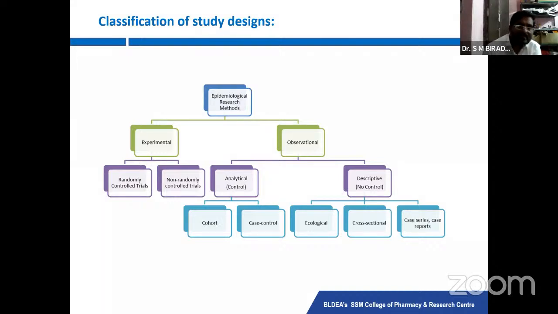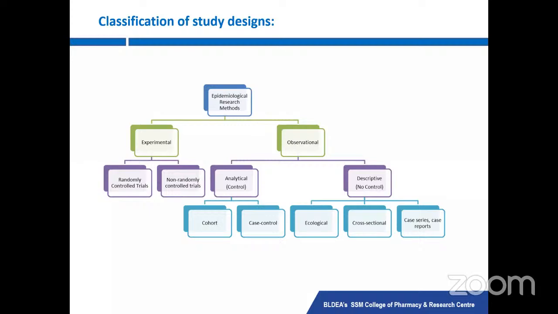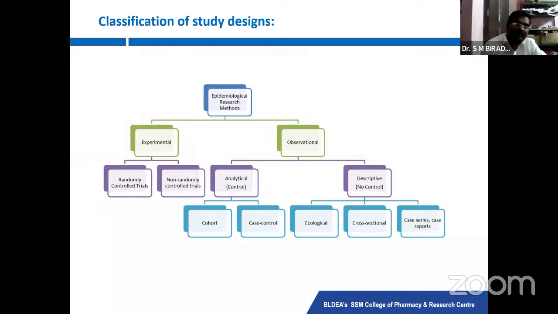Again, the experimental study is classified into two types, that is randomized controlled trials and non-randomized controlled trials. In detail, we'll see in the further slides ahead. Here just I'll brief the definition of what randomized controlled trials are. A randomized controlled trial concerns the selection of the participants.